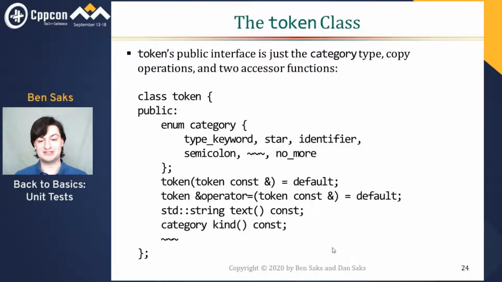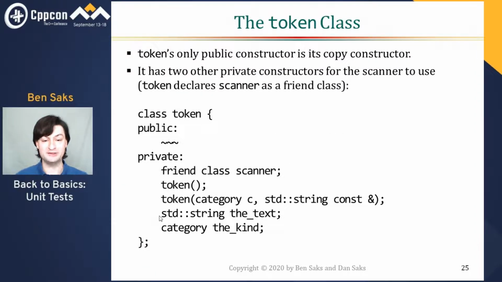So the token class has a fairly simple public interface. It consists of just the category enumeration type, some default copy operations, and then accessor functions for the text and category pieces. Its only public constructor is the copy constructor. So in general, tokens originate with the scanner.